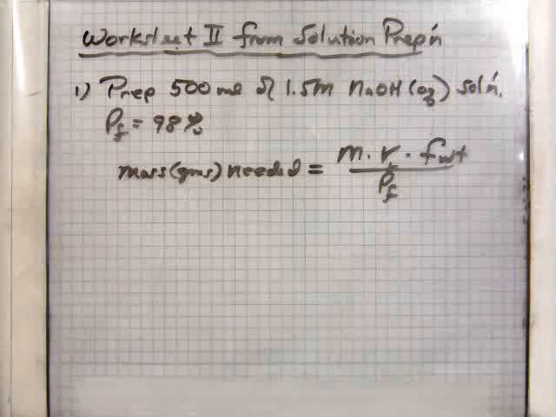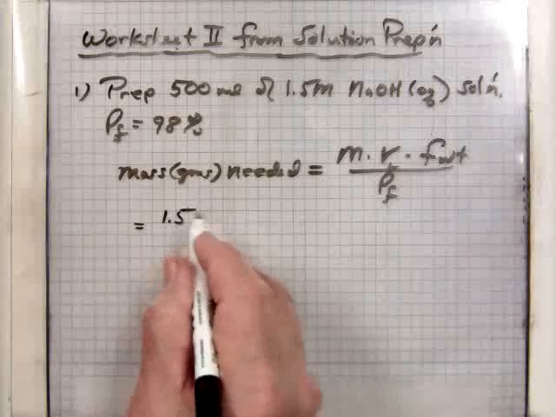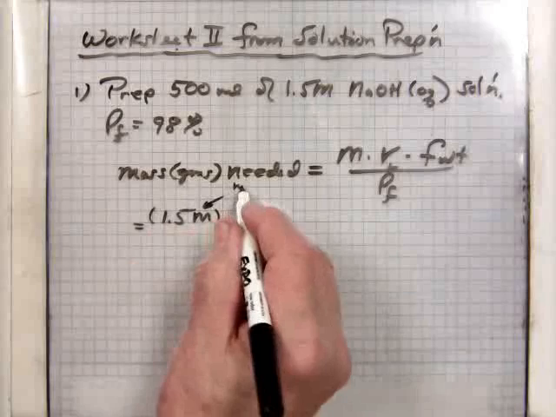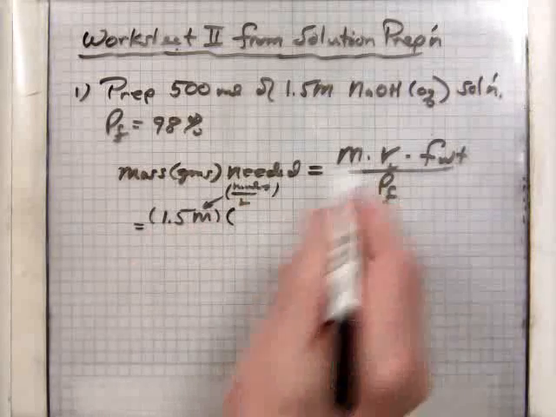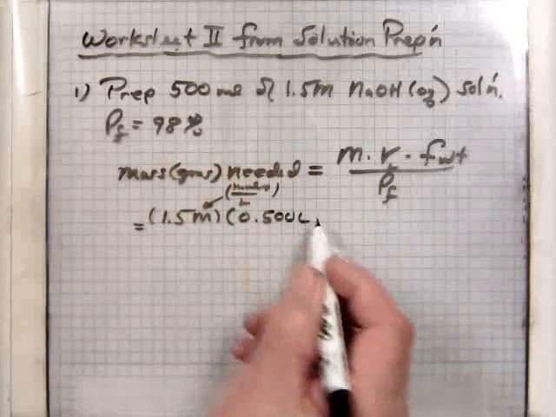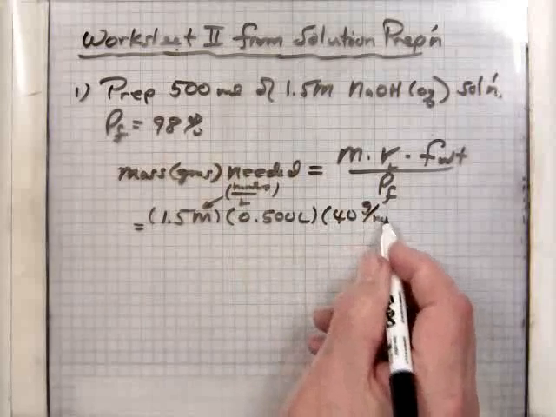So the molarity that we need is 1.5 molar. Remember, that's moles over liters. And the volume in liters is 0.500 liters. Formula weight's 40 grams per mole.